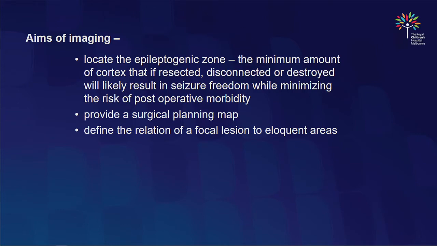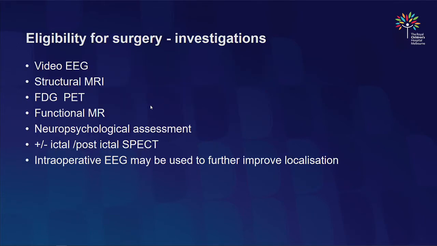So the aim of our imaging is to locate the epileptic focus, the epileptogenic zone, and try and determine the minimum amount of cortex that if you resect it or disconnect it or destroy it will probably result in seizure freedom and minimise the risk of post-operative mortality or morbidity in particular, and provide a surgical planning map and define the relationship of that lesion to other areas of important function.